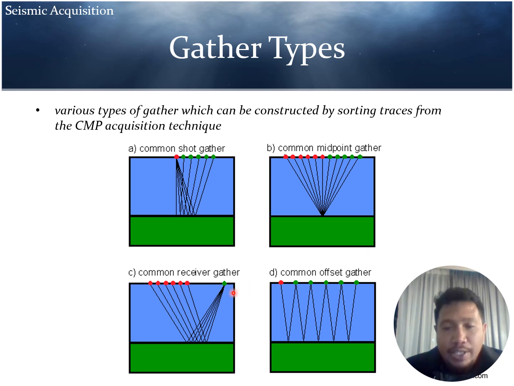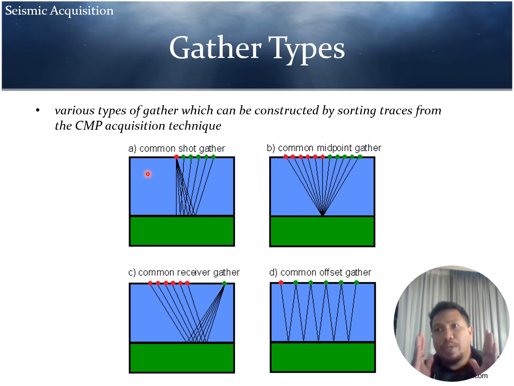So common receiver done, and then we go straight to the common offset gather. Common offset gather is a bit different. Again, the signals that we obtain are always in a curve shape, regardless of the type of gather: common shot gather, midpoint gather, or receiver gather. However, common offset gather is different because we try to maintain the offset between the source and receiver.